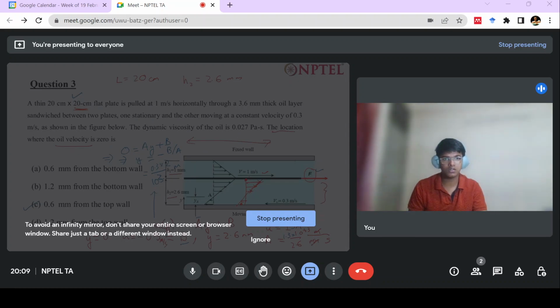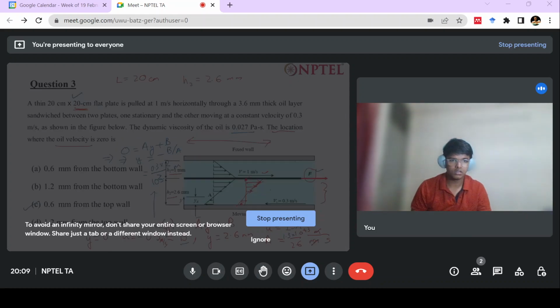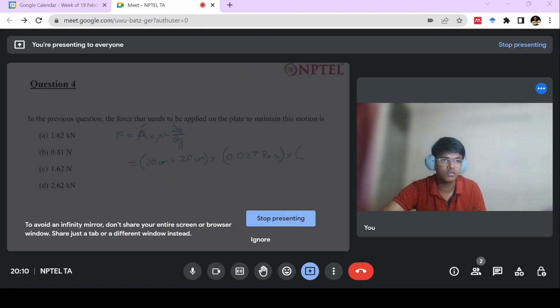The viscosity of the oil is given here. This is 0.027 Pascal second. So I put 0.027 Pascal second into this coefficient we had calculated, which is basically 1000 divided by 2, which is 500 per second.